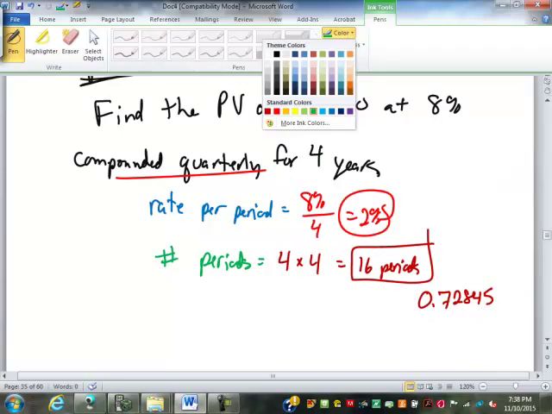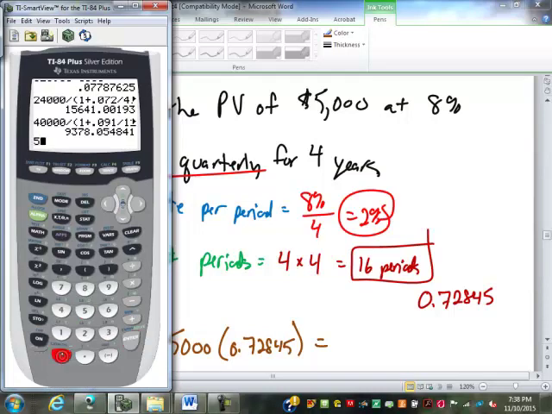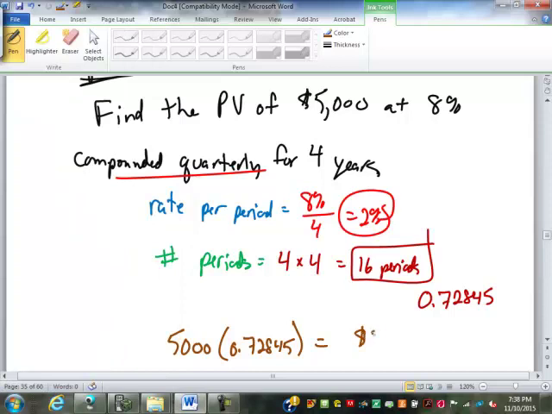So we will take 5,000 times 0.72845, which is 3642.25. So that's off the table.